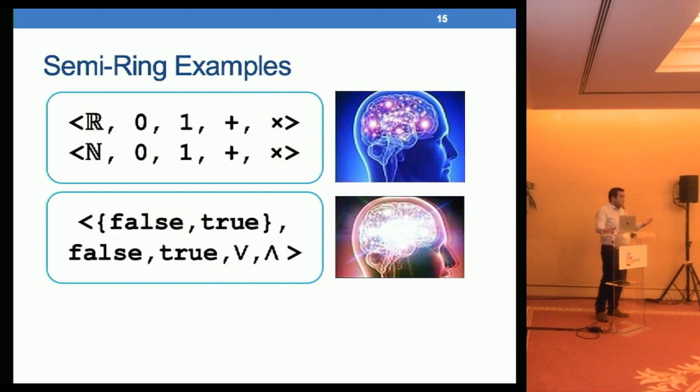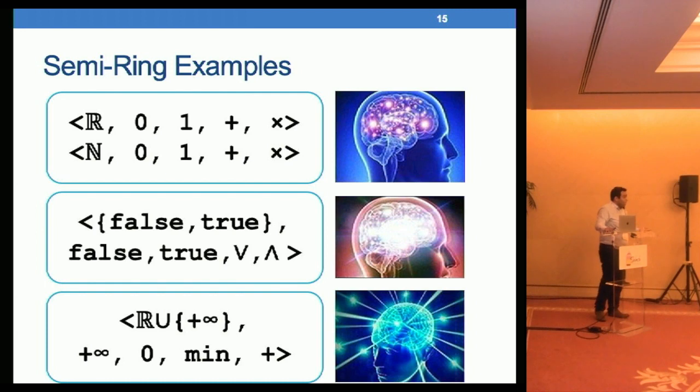Another interesting one is that whenever you have false and true, you have conjunction and disjunction corresponding to multiplication and addition. And another interesting one is the tropical Semiring, where instead of addition you have minimum or maximum, and instead of multiplication, you have addition.